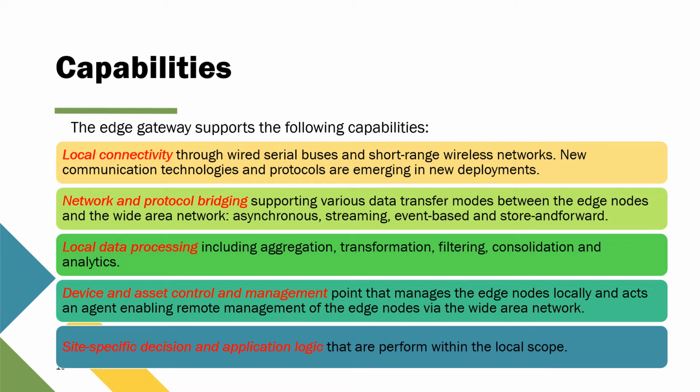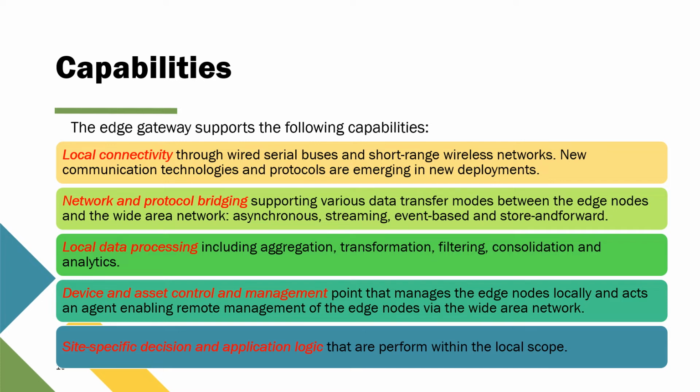Then network and protocol bridging, supporting various data transfer modes between the edge nodes and the wide area network: asynchronous streaming, event based, and also store and forward. So it can bridge between networks and protocols. Different networks, different protocols can be bridged through the edge gateway.